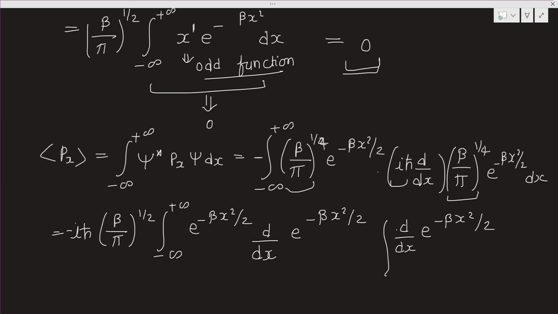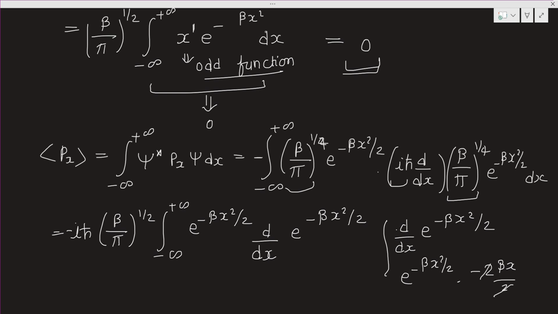See here, when you are doing the differentiation, you are getting e^(−βx²/2) and d/dx of (−βx²/2) will be equal to −2βx/2. Okay, so you are getting −βx. So this minus β will go outside.